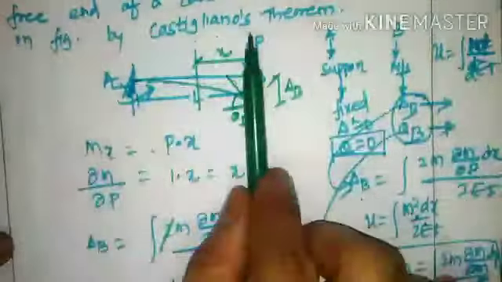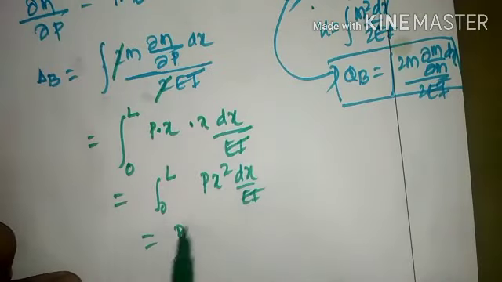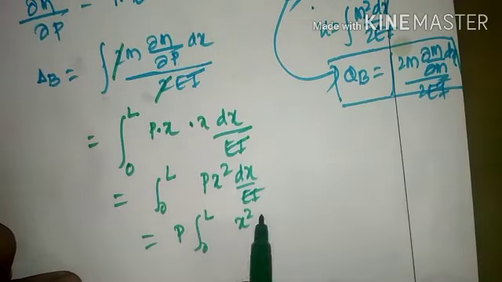Throughout this variation of x, P will remain as it is, so you can take P common outside, 0 to L x squared dx divided by EI.